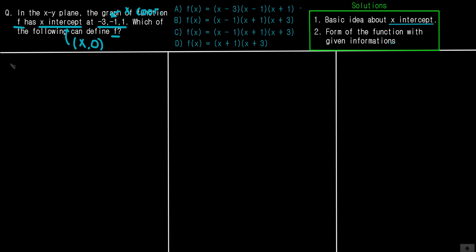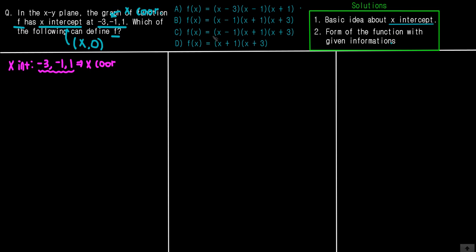The question says it has three x-intercepts, which are -3, -1, and 1. We have talked about how these are not full coordinates. They are just x-coordinates, which means using this information we can make a full coordinate.